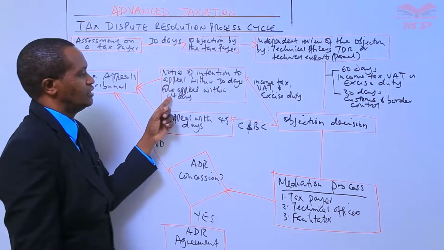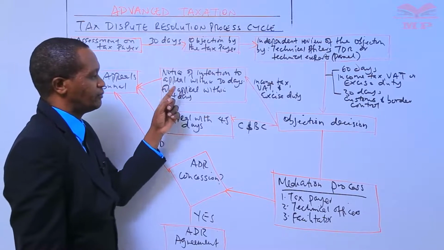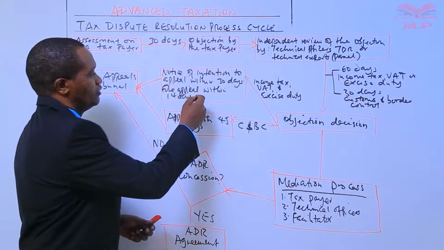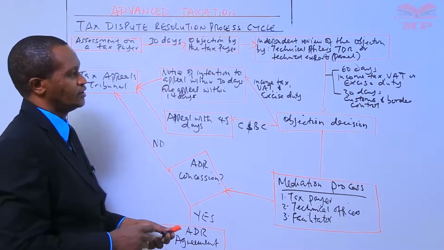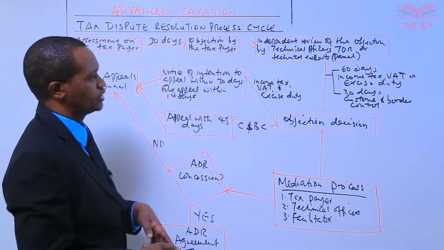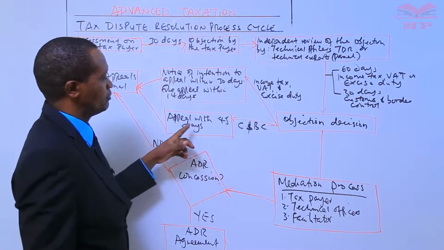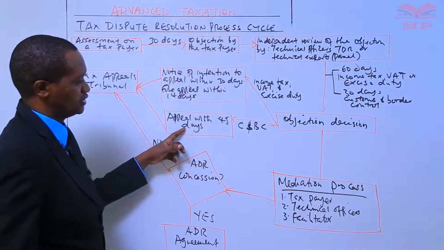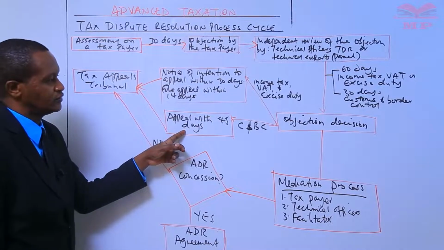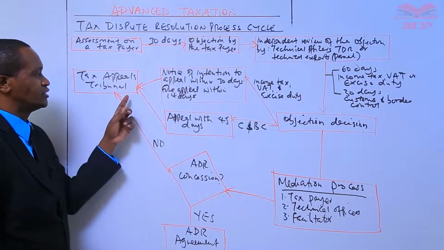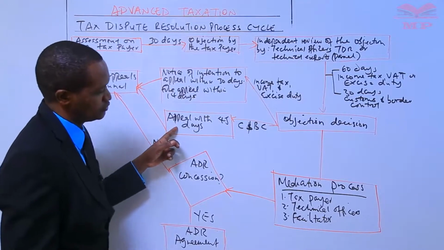Then the taxpayer is expected to file appeal within 14 days. If it's a matter to do with customs and border control, then the taxpayer should appeal within 45 days. The appeal is made to the tax appeals tribunal.